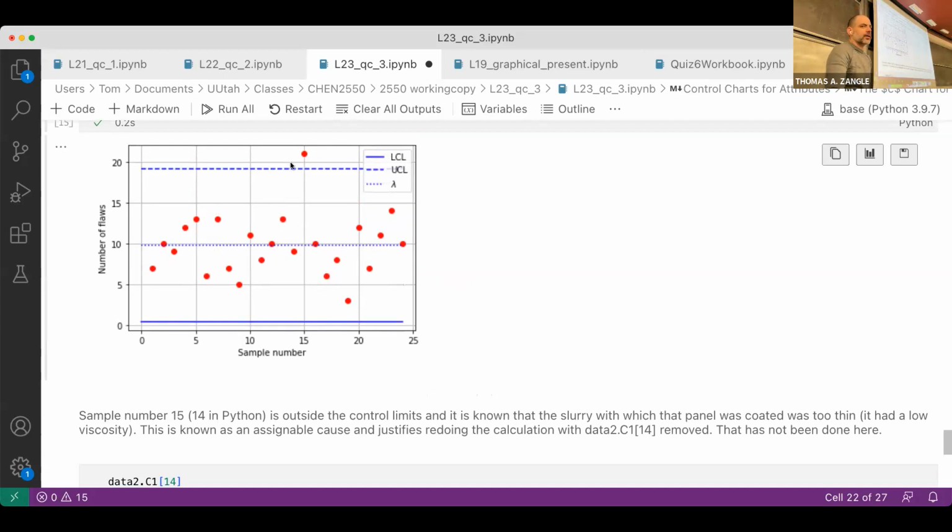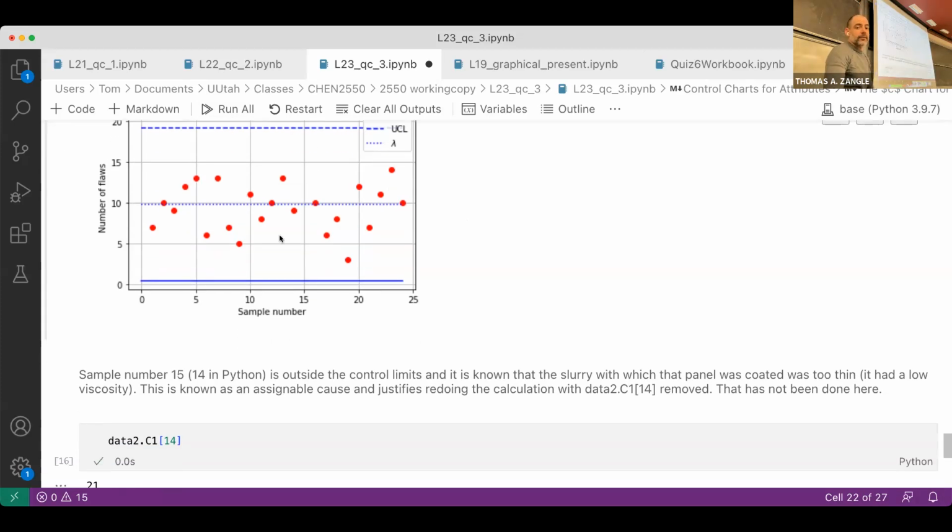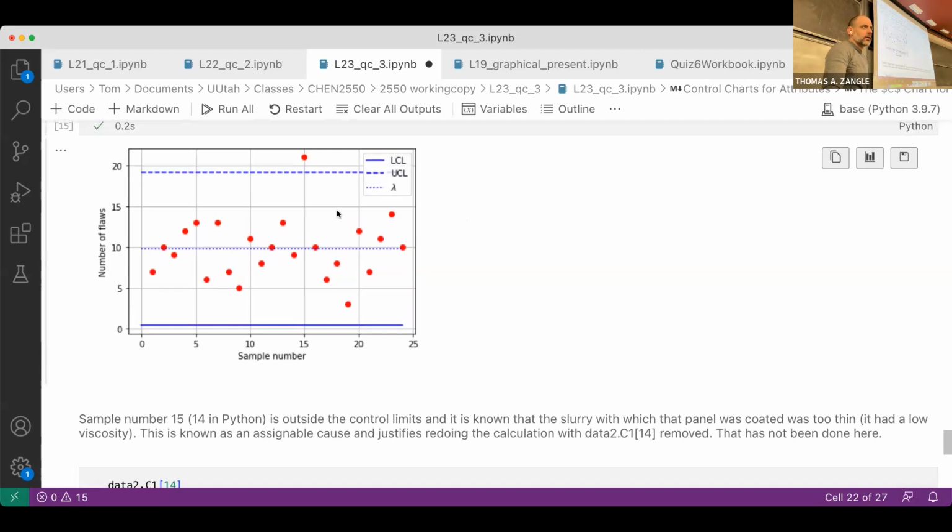If we know there's something wrong with this data and we're trying to estimate lambda hat, then this outlier is dragging our estimate up. So you might want to go back and redo this with that data point removed. In this case, we haven't. We're leaving it here for our discussion.